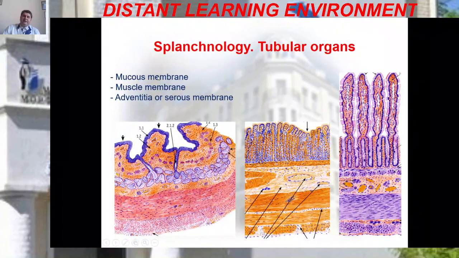The internal layer is the mucous layer or mucous membrane, which turns to the lumen of the organ. The second, middle part is the muscular membrane or muscular layer, which you can see in the esophagus, in the stomach, and also in the intestine. And the external layer is adventitia. For example, you may see this layer in the esophagus, or serous membrane, or peritoneum, and you may see this layer on the stomach and also on the intestine.